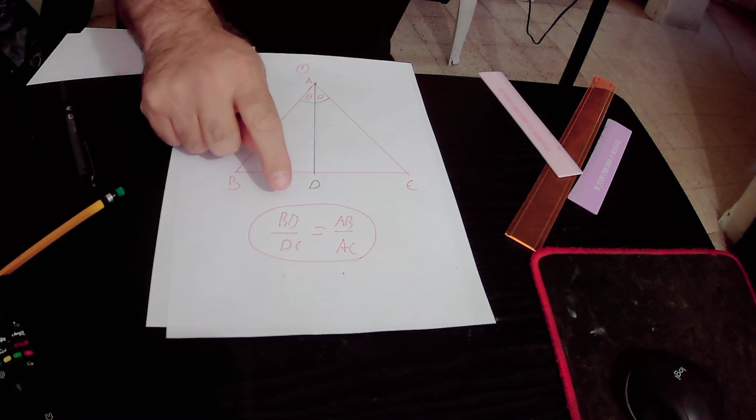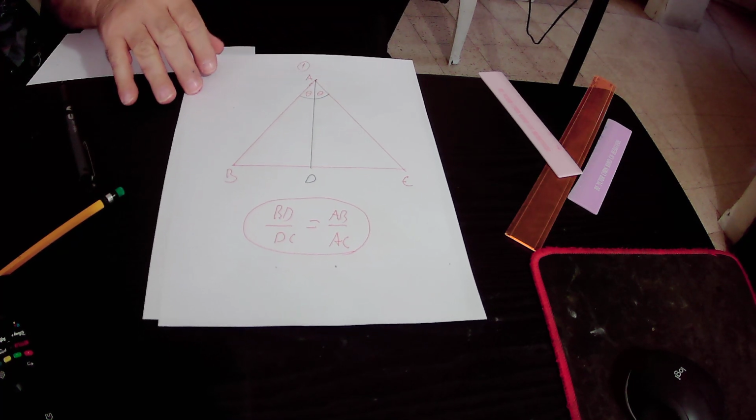That is to say BD over DC equals to AB over AC.